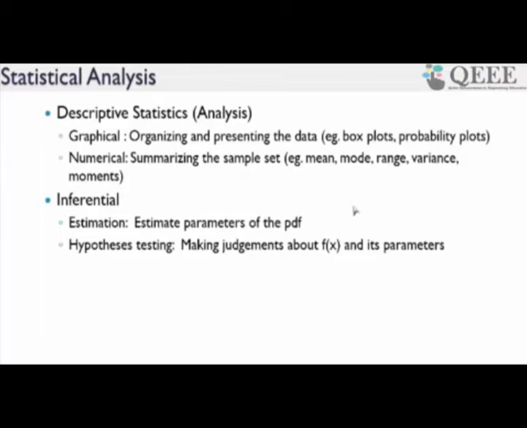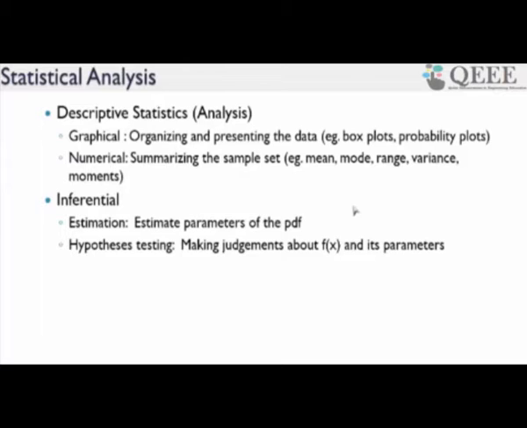So these are all what we call descriptive statistics. It is descriptive in the sense that there is a variance formula which you are simply applying. There is a mean formula which you are simply applying. For the mode, there is a formula that you are applying. Range is just looking at the data and saying what is the min and max, right? So these are very simple calculations that you are doing from the data.